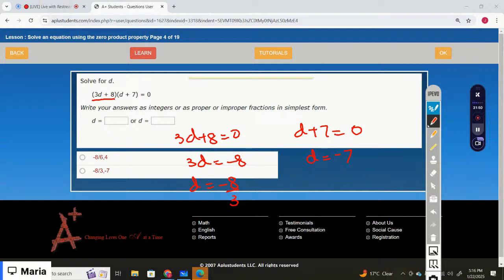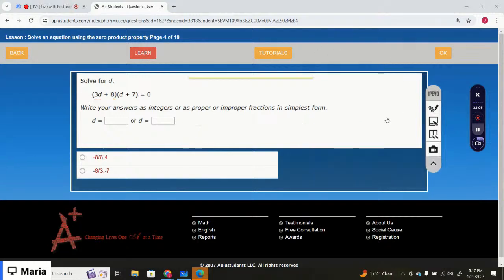And D equals negative 7. Option number 2 is the correct option. That is negative 8 over 3 and negative 7.